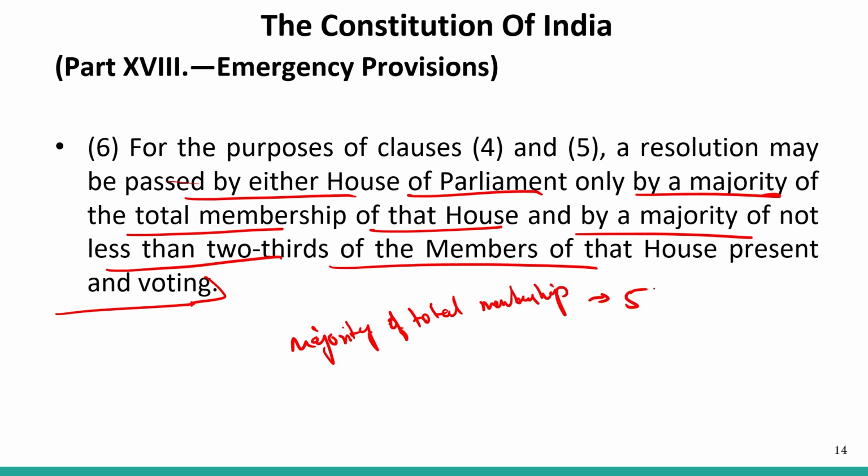For example, if you have 550 members, then there should be a total of 226 members, and a majority of not less than that. So there should be 226 votes approving the issuance of the emergency.